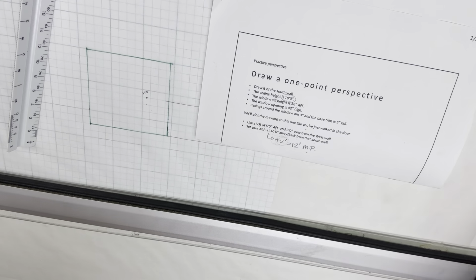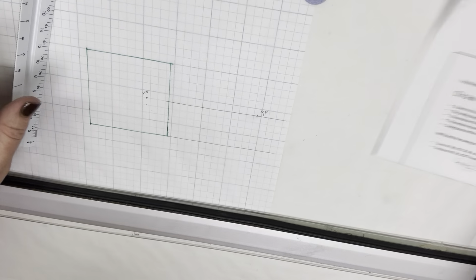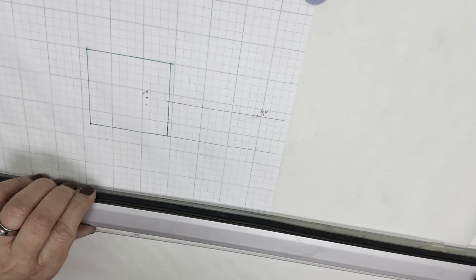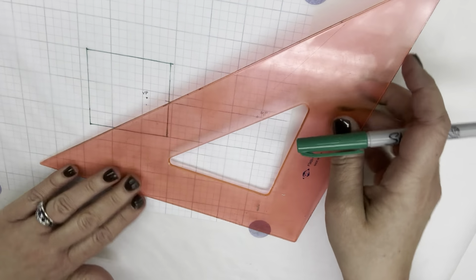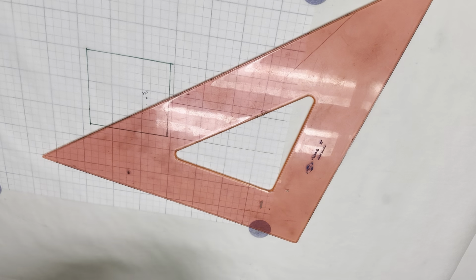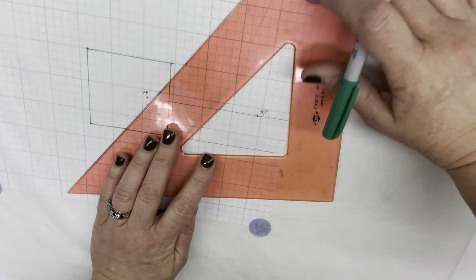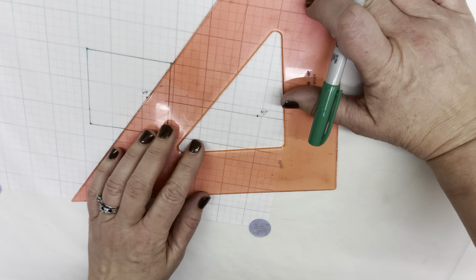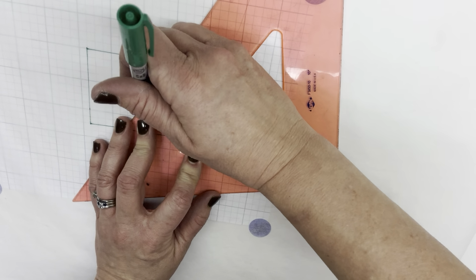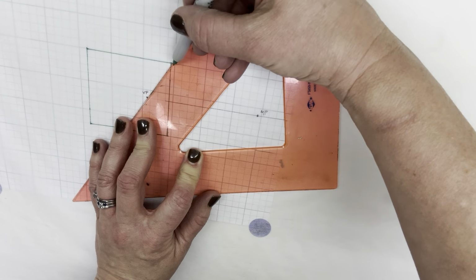Next thing I'll do is make those lines that I think make it kind of exciting and a quick view, is to take your VP and go from the corner here, making sure that it goes right through the center.